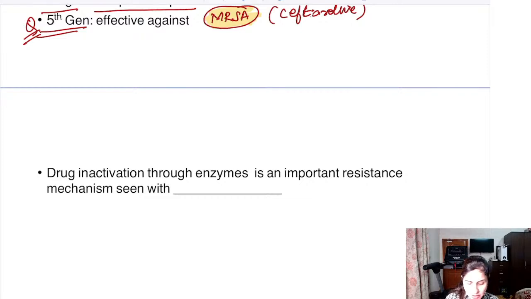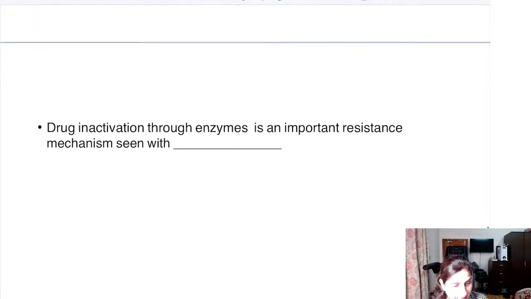Drug inactivation through enzymes is an important resistance mechanism seen with which antimicrobials? Can you name the antimicrobials where the most common way of acquiring resistance is inactivation by enzymes?